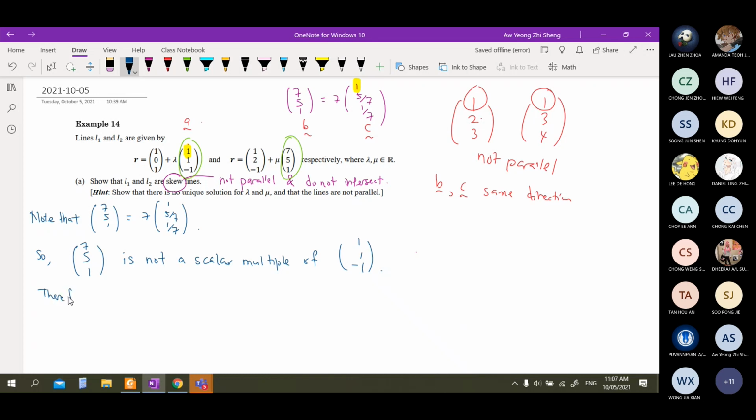Therefore, the direction vector of L2 is not parallel to the direction vector of L1.